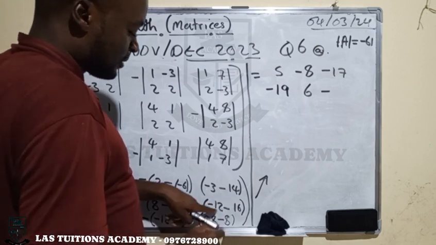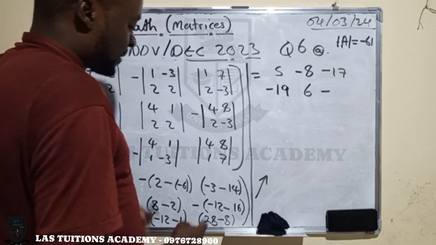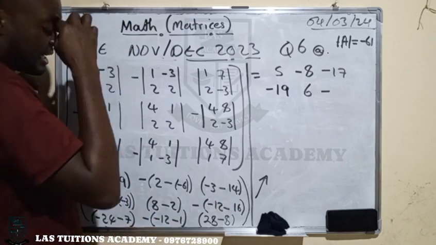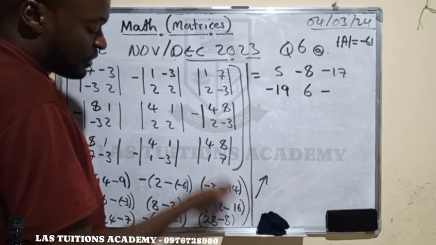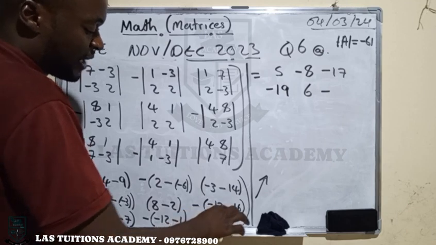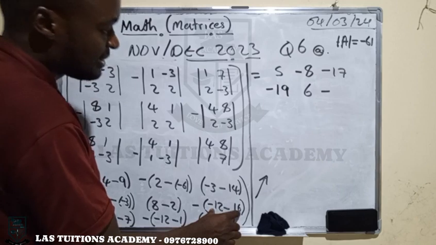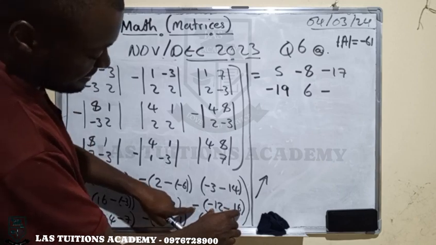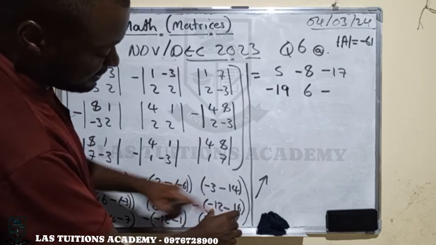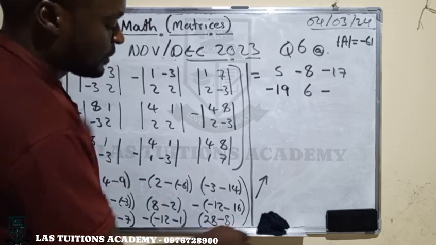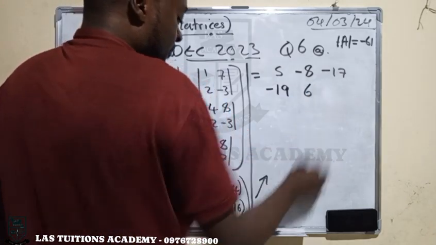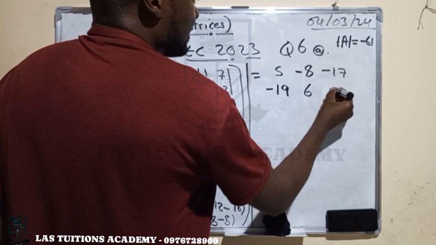So inside will be negative 28. So it gives us negative 28 inside the brackets. But then there's a negative outside. So because inside there's negative 28 times this negative, we're going to get positive 28. So you get 28 there.